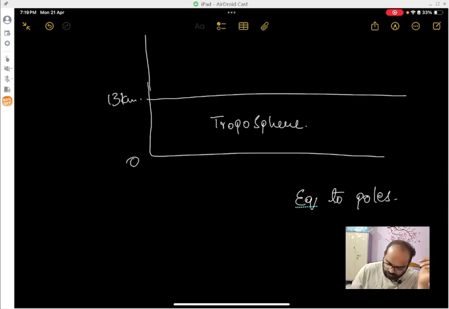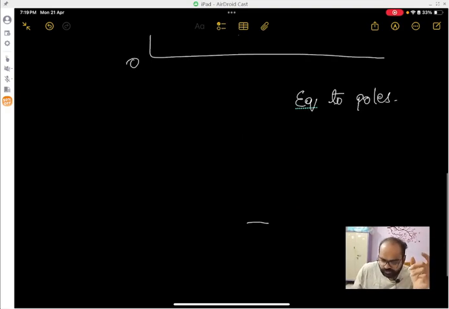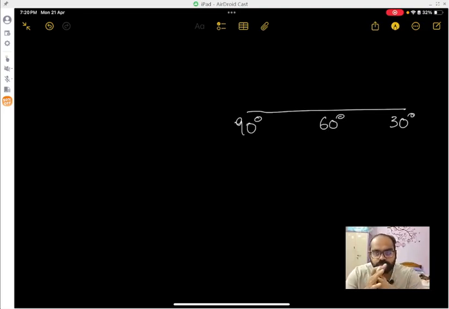See, if this is the surface of the Earth, this is the tropical region, 30 degrees, 60 degrees, 90 degrees. 90 degrees is the polar region. At tropical regions the sun's rays fall vertically, so more heat is generated at the tropics and equator.